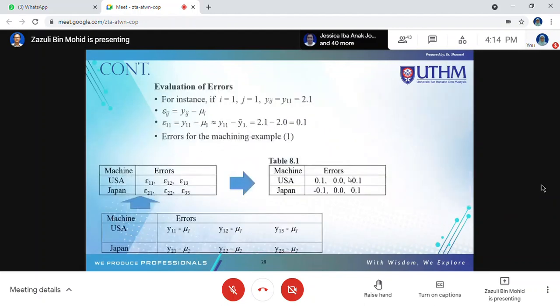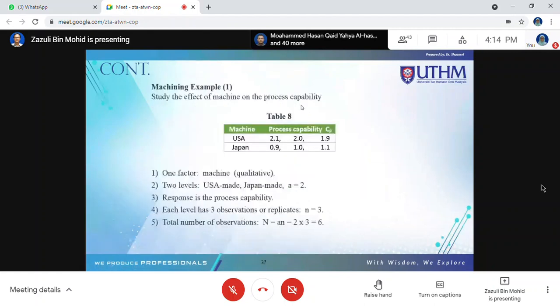Maybe some of you don't understand where do we get this y11. So y11 is this one. Y11, y12 is 2.0, y13 is 1.9, y21 is 0.9, y22 is 1.0, y23 is 1.1.